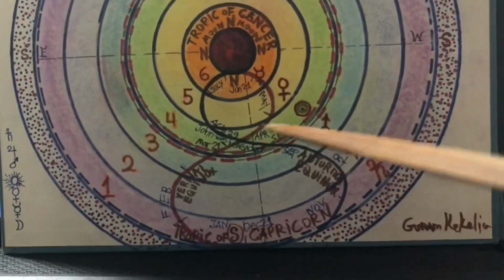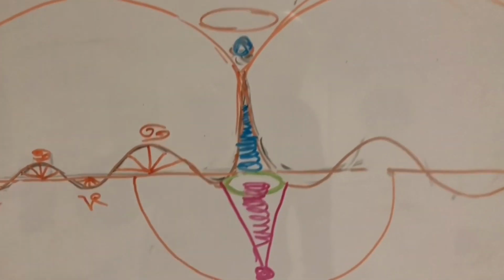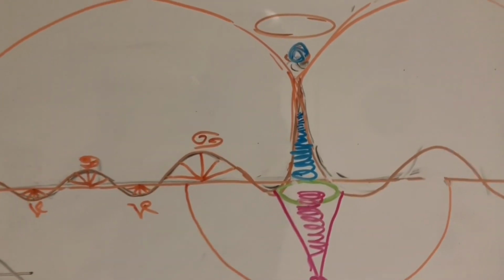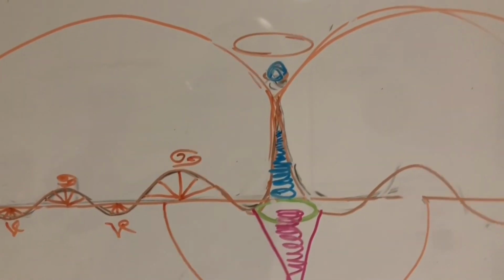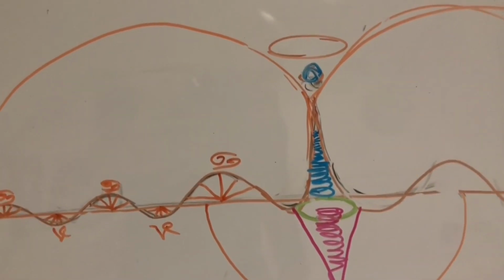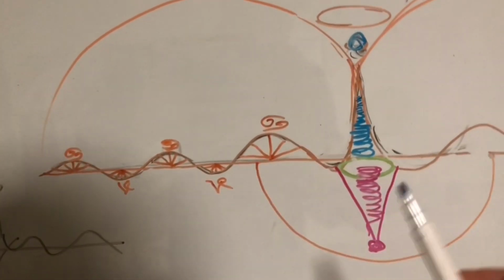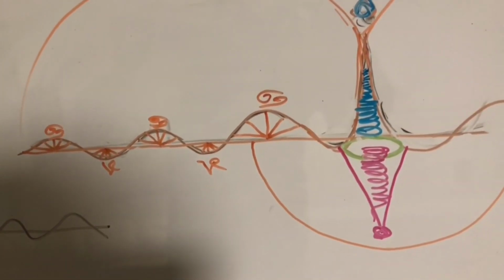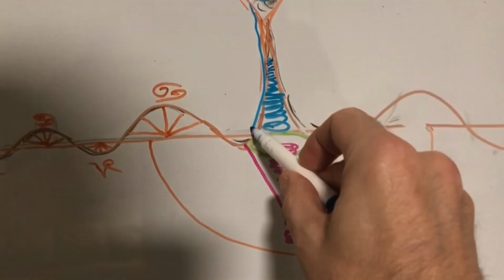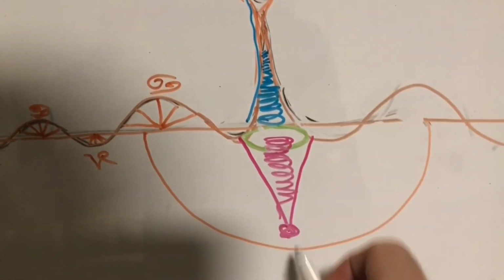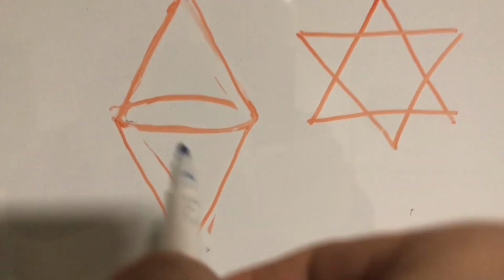It's really interesting, because it relates to this drawing. This is a hyperboloid in the middle, and you have this toroidal field around, the torus field, and then one cone here and a second one, which is the Star of David.